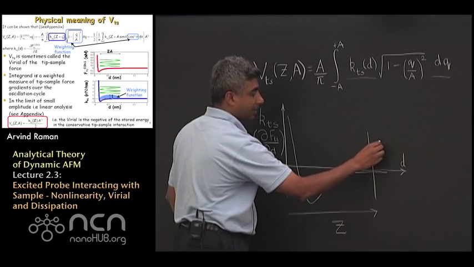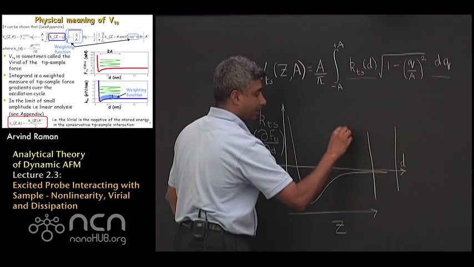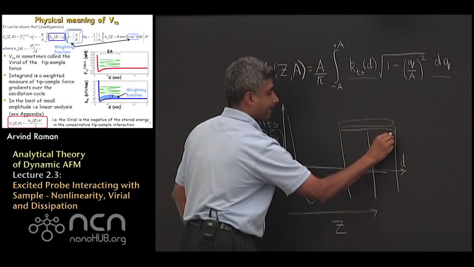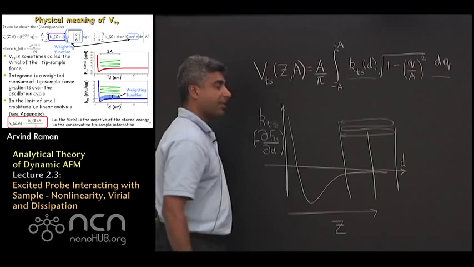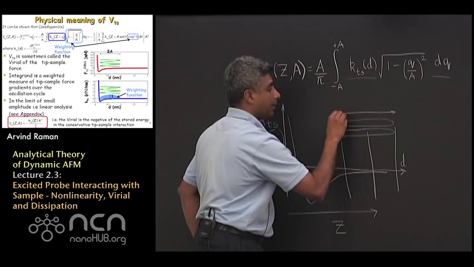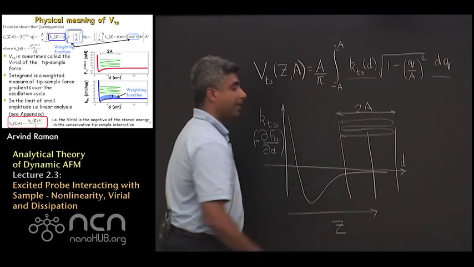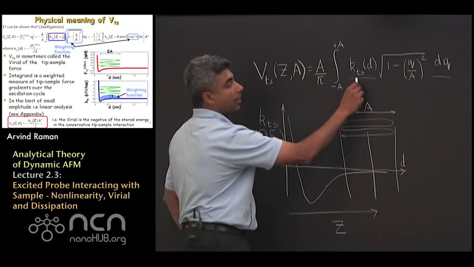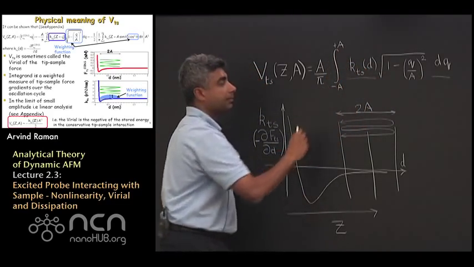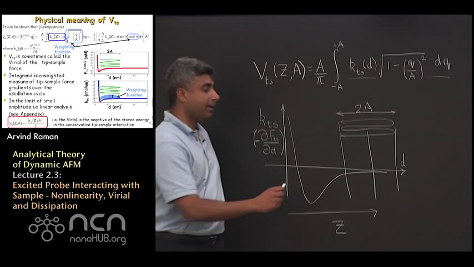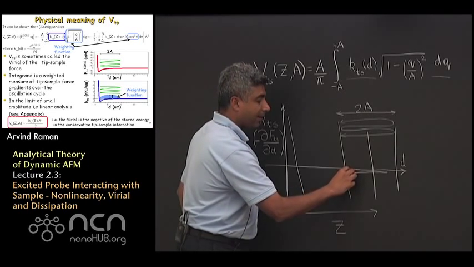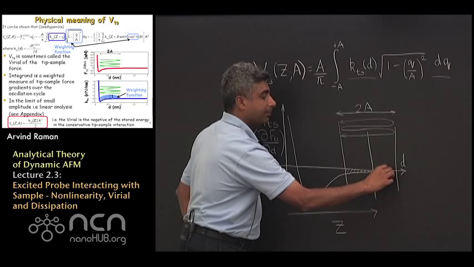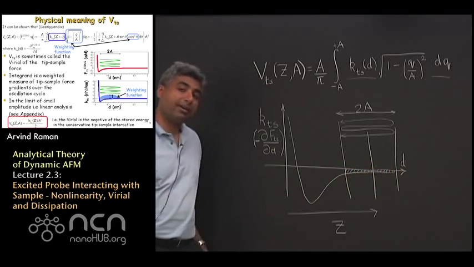And let us say that it's actually going to be oscillating like so, with an amplitude A. In that case, if you look at this quantity KTS times dq, integrated from negative A to plus A, it basically is looking at the area of the KTS graph as a function of d, this area, shaded area out here.